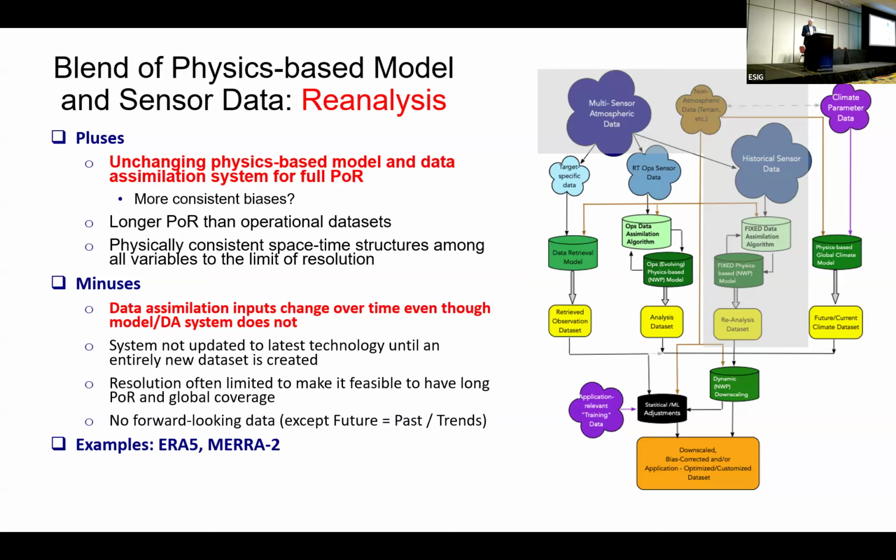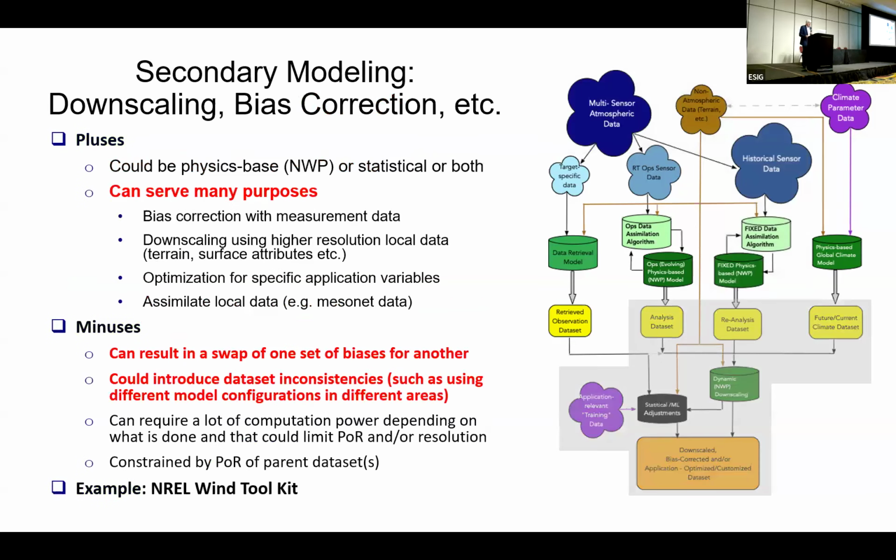The historical sensor data is much larger than the real-time operational sensor data. So you have more data and you have an unchanging system. Right, so those are the benefits of a reanalysis data set. Examples are MERRA-2 and ERA5, so those are very popular and widely used data sets for power system and other applications.